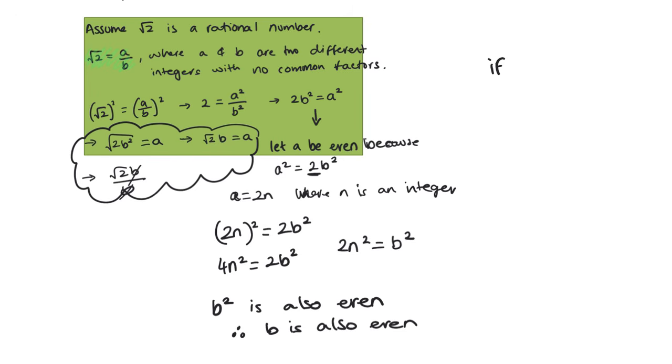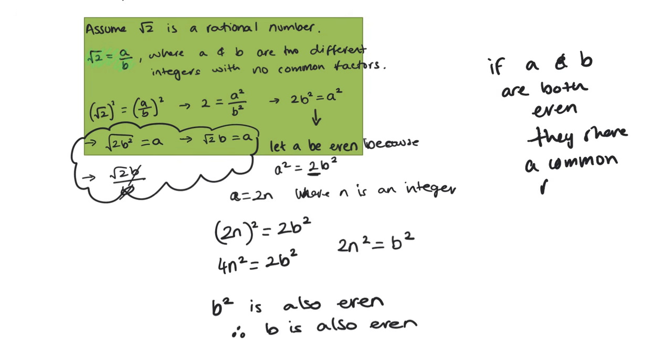So if A and B are both even, they share a common factor of 2. Does that contradict our statement? Yes. So this contradicts our assumption.